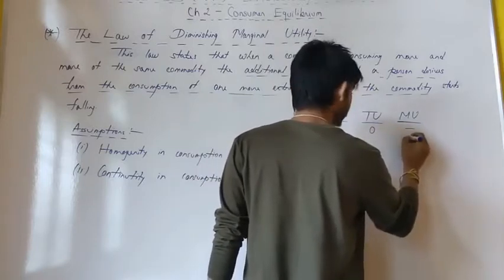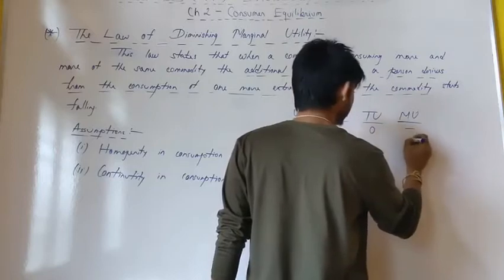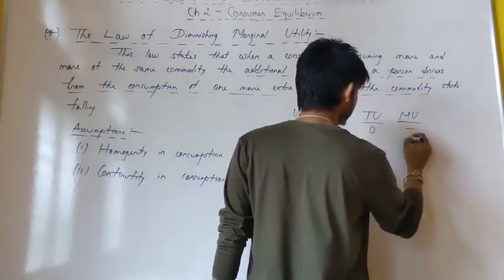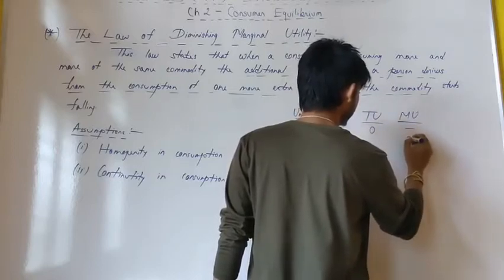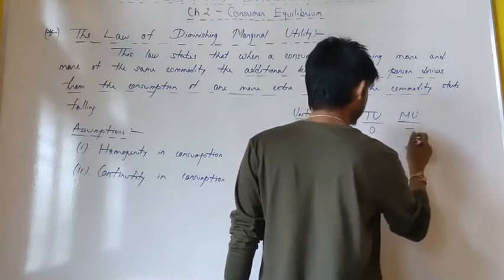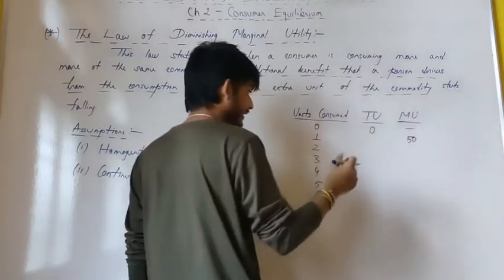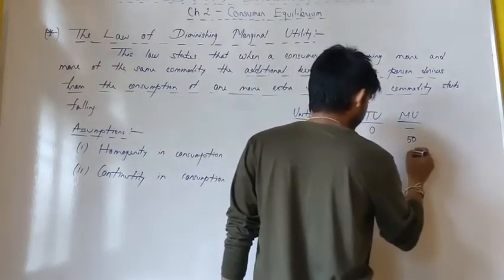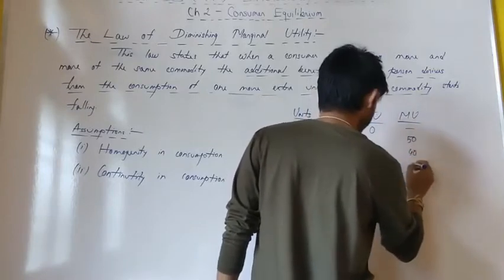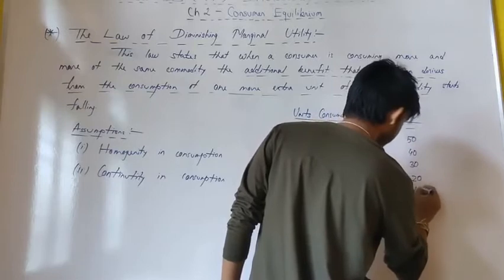Marginal utility, let's start it from 50. And I am taking a gap of 10. 10 interval: 50, 40, 30, 20, 10.